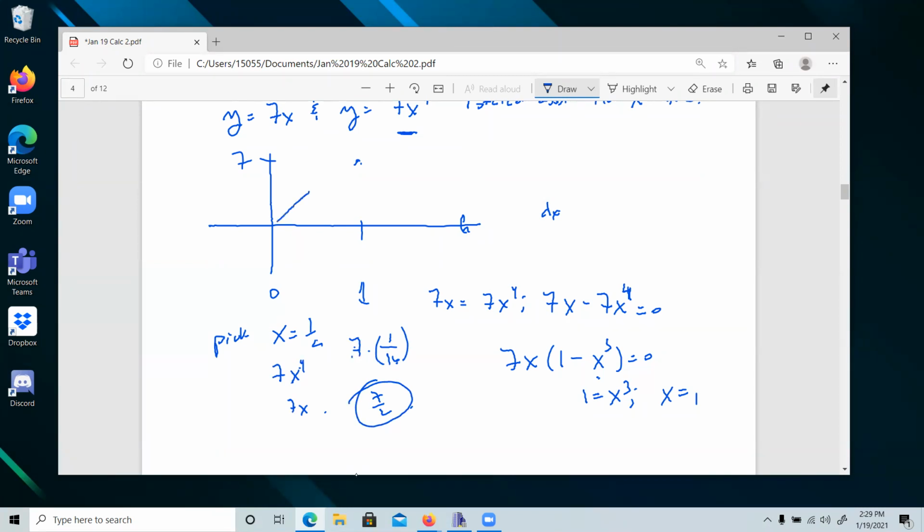So when we go ahead and graph this thing, here's my 7x. And then here is my 7x to the 4th. Okay, it's underneath. So it's going to be outside function minus inside function.